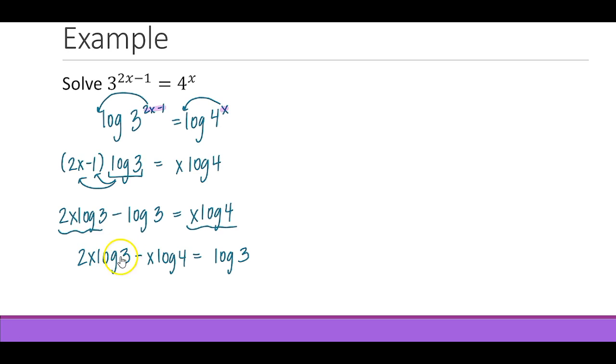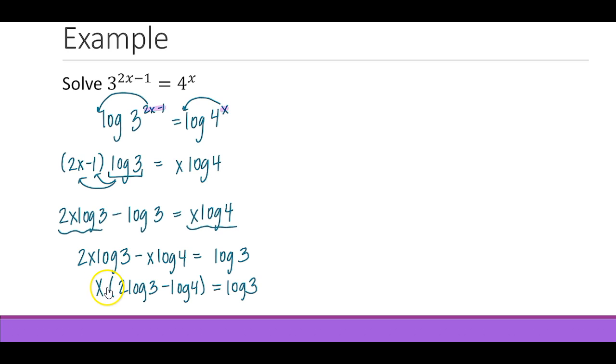It's just that we have to remember log 3, log 4, those are just numbers. Now here, in order to get x by itself, I'm going to factor x out of both of these terms. So I have x times 2 log 3 minus log 4 is equal to log 3.